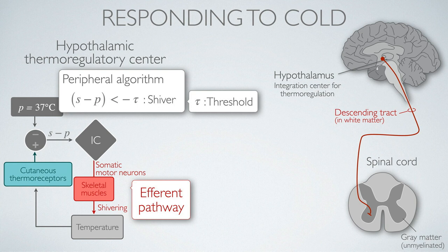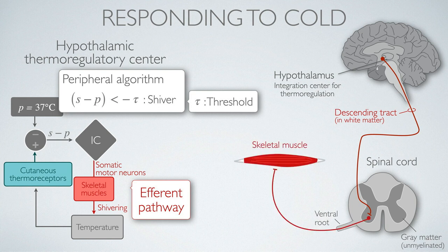And that neuron will then terminate at the cell body of a motor neuron that in turn innervates the skeletal muscle that's going to contract to generate heat for shivering. Those motor neurons emerge from a portion of the spinal cord called the ventral root.